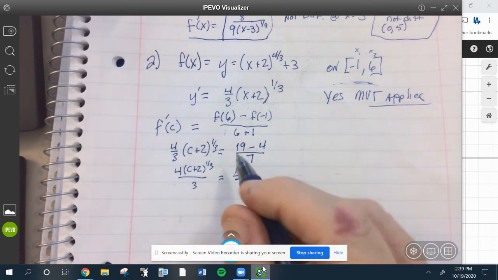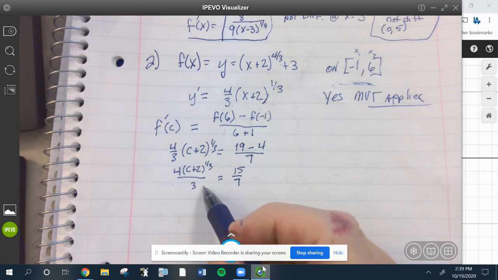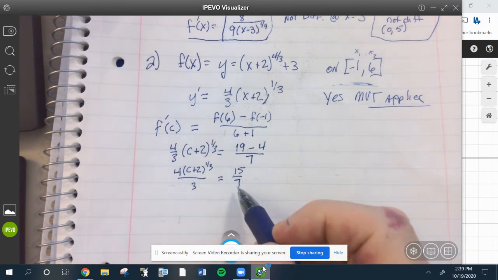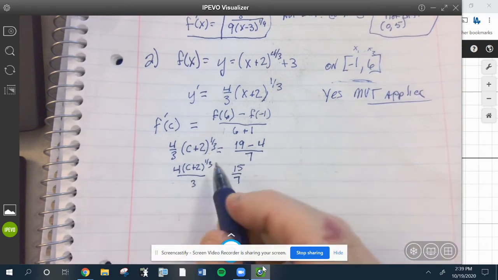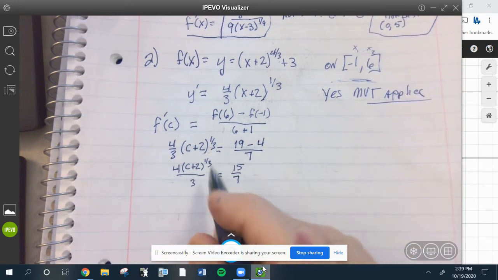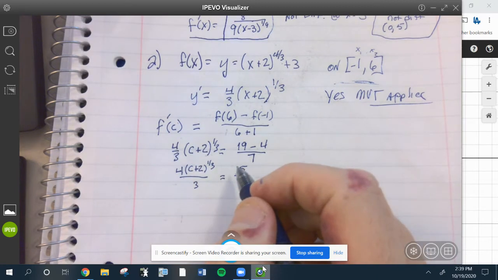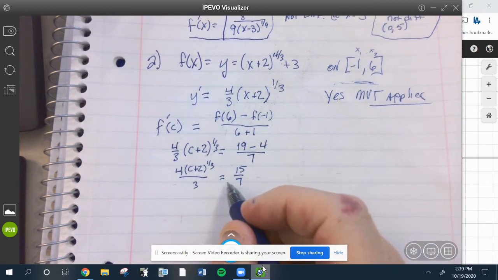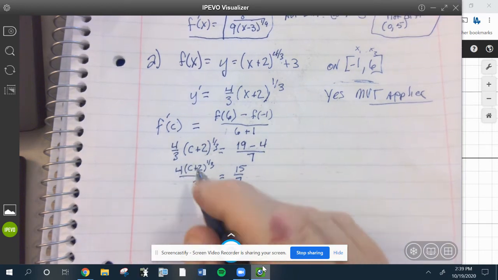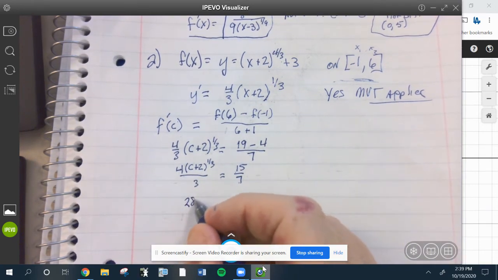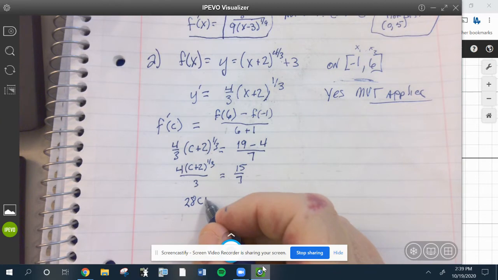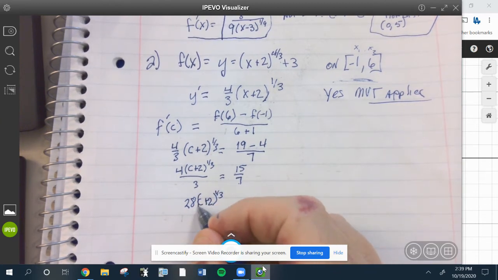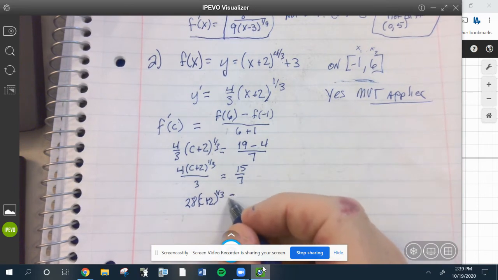So I think most students like to cross multiply here, which is completely fine. You can multiply both sides by 21 to get rid of the fractions, but I'm going to cross multiply because that's going to take care of the fractions too. So I'm going to have 7 times this is 28. And then 3 times 15 is 45.